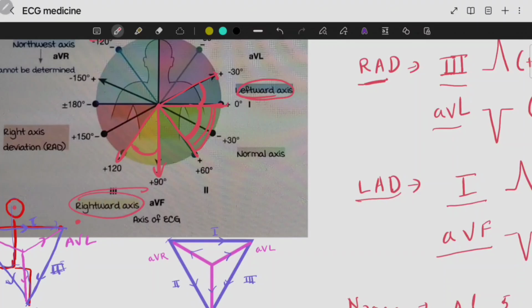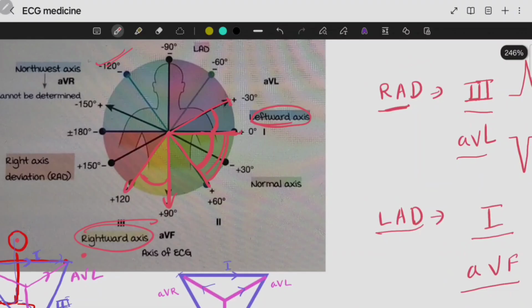Okay. And what are called right axis deviation and left axis deviation? So minus 30 to minus 90, this area is called left axis deviation and plus 120 to 180 is called right axis deviation. Okay. This area is called right axis deviation. And this area, minus 90 to 180, is called northwest axis.